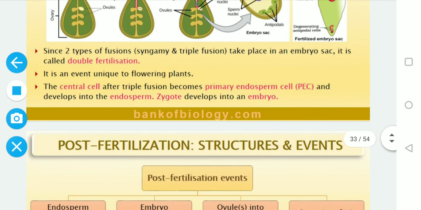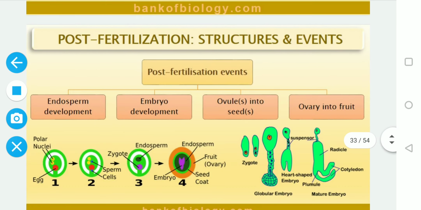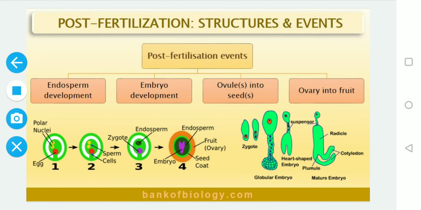See, after the fertilization process, what are the structures and events we can identify? Those will be considered as the post-fertilization structures, and we can also say the post-fertilization events. Majorly, there are four post-fertilization events that can be seen in angiosperms, because in the earlier class we discussed in detail the pre-fertilization structures and events and the fertilization structures and events, right?